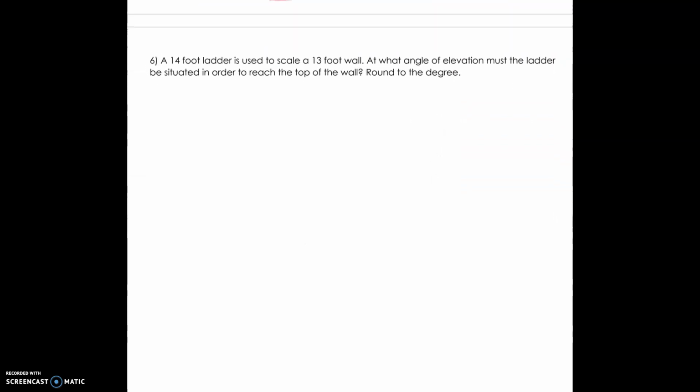Last one, we have a 14-foot ladder used to scale a 13-foot wall. At what angle of elevation must the ladder be situated in order to reach the top of the wall? All right, so we have a wall which is 13 feet tall, and we have a ladder that is propped up against the wall, and our ladder is 14 feet long.